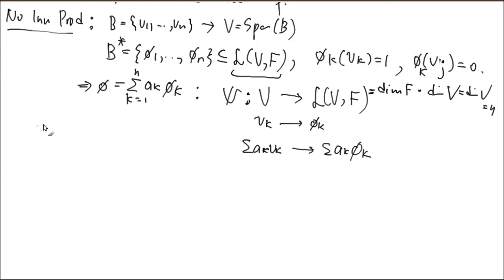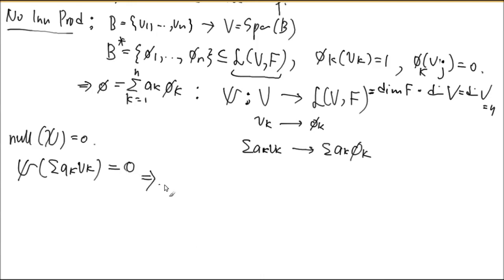Let's see why the null space is 0. Suppose we're looking for a vector that under this map becomes 0. So where does that vector go? It goes to 0. What is the image of the sum of ak Vk under this map?